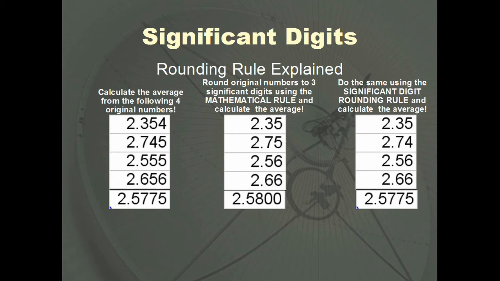Now, if we take the average of this, you can see an amazing result. It's 2.5775, not rounded to any significant digits, which means we have our original result of the averages as done in the beginning.